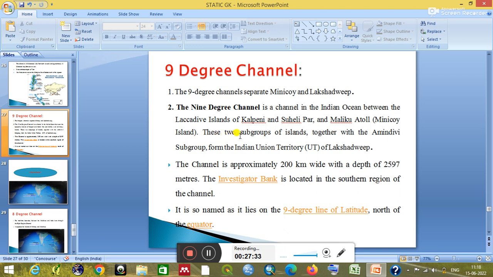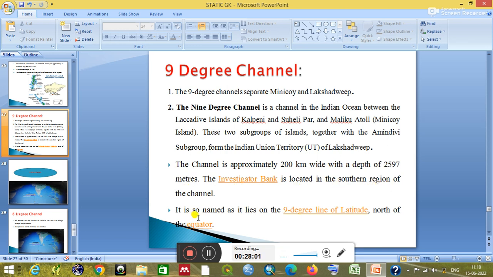This group of islands, together with the Amindivi subgroup, forms the Indian Union Territory of Lakshadweep. The channel is approximately 200 km wide with a depth of 2597 meters. The Investigator Bank is located in the southern region of the channel.